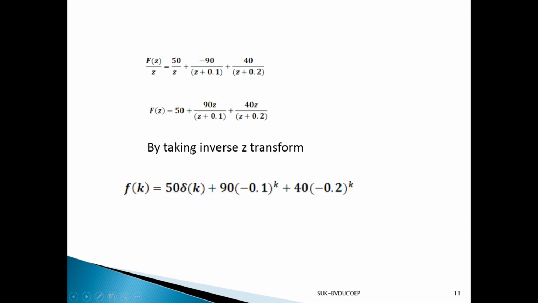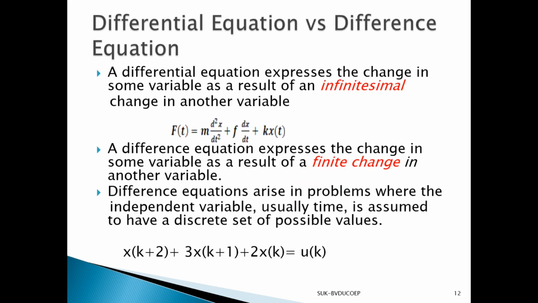Initially everybody has to prepare the properties of the Z transform and the table of Z transforms, and how to convert a given sequence into a Z transform and a given equation into an inverse Z transform and find the solution. This type of numerical will be there in the questions.